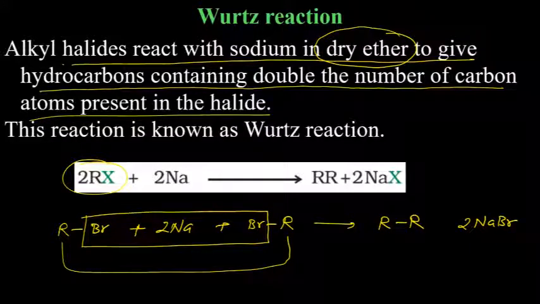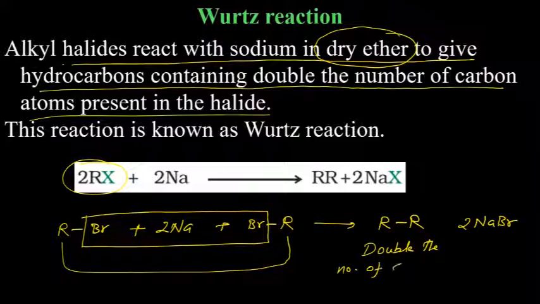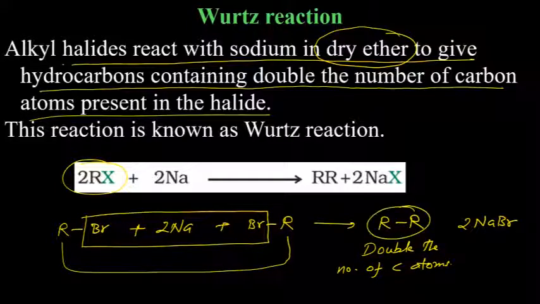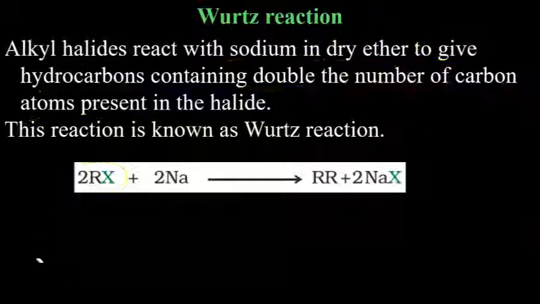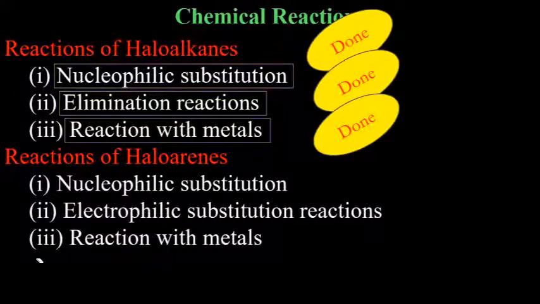And this hydrocarbon will have double the number of carbon atoms. R-R. In one halide, there was only one R. So that completes your reaction with metals also.